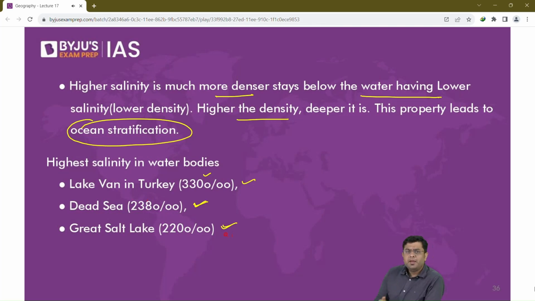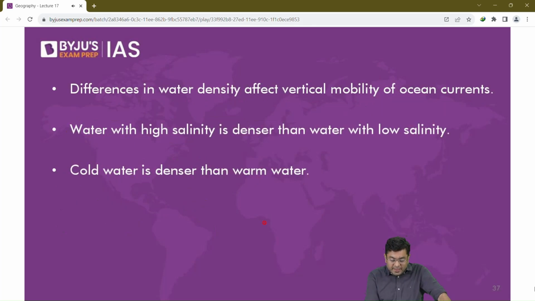In Great Salt Lake, in 1 kg, you have 220 grams. So these are very saline. Almost all of them you will find in the subtropical high pressure region, meaning there is very little rainfall and a significant amount of evaporation. So in these subtropical high pressure zones, you have a high amount of salinity.